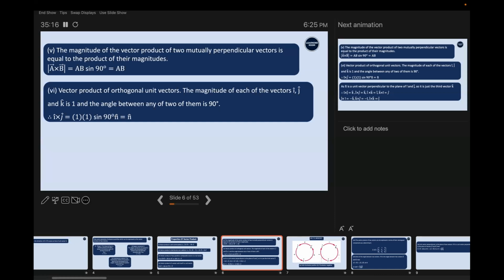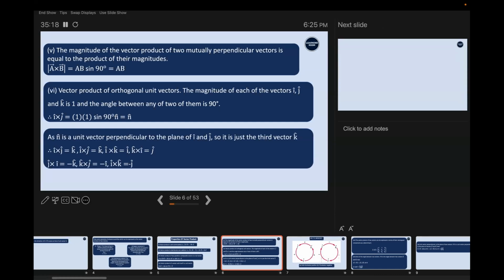Now listen to this point. I told you n cap is a unit vector perpendicular to the plane containing those two vectors. In the previous scenario, i cap and j cap are the vectors lying in the plane. But we know from the orthogonal unit vectors that i, j, and k are mutually perpendicular to each other.